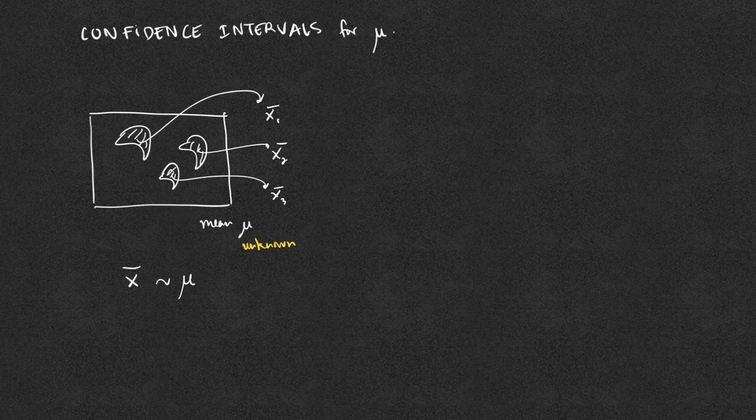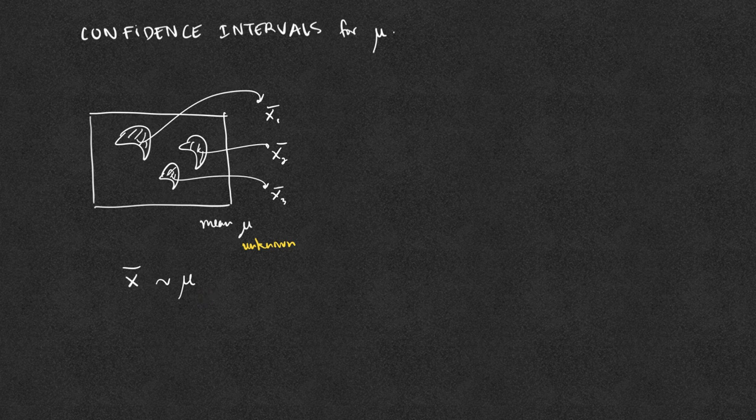And so we call x bar the point estimator for mu. The specific value of x bar, a numerical value, equals an estimate for the population mean. This is what we call a point estimate.